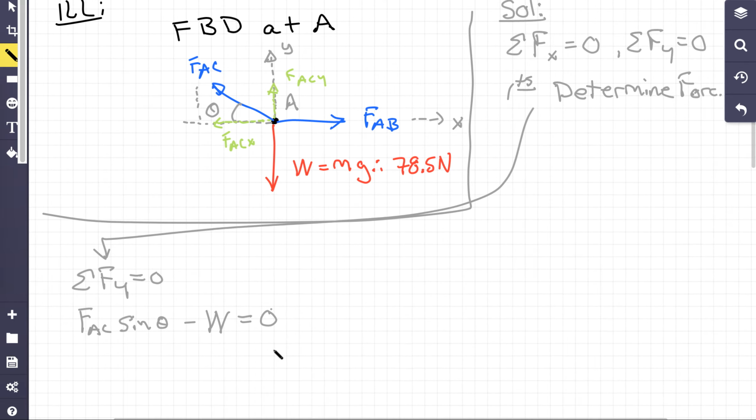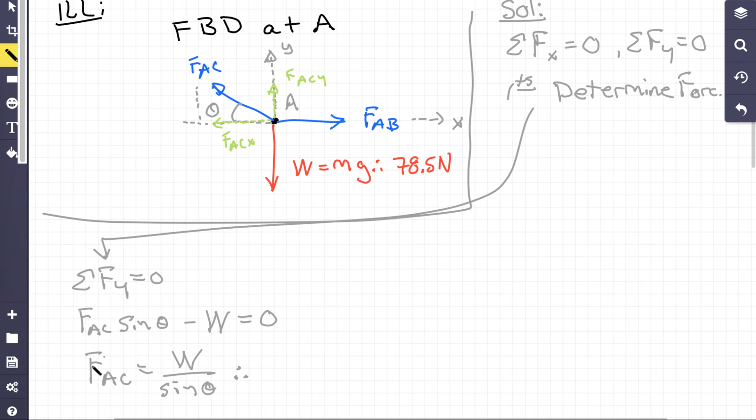If we do everything, we can say that the force of AC is equal to the weight divided by the sine of theta. And we know a couple things. One thing is we know it's going to be greater than 78.5, mainly because the sine is always less than 1.